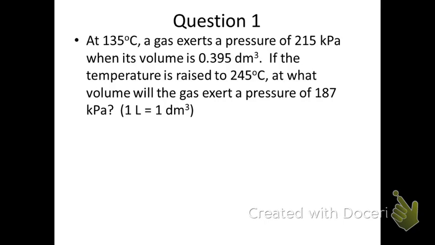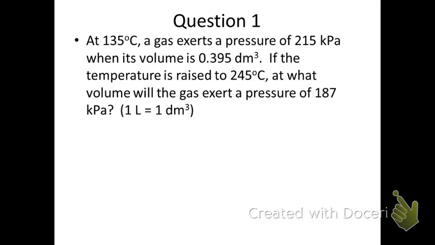So in the first question in your worksheet, we have a gas at 135 degrees Celsius exerting a pressure of 215 kilopascals when its volume is 0.395 decimeters cubed. If the temperature is raised to 245 degrees Celsius, at what volume will the gas exert a pressure of 187 kilopascals? The first thing you want to do is label the different parts of your equation.